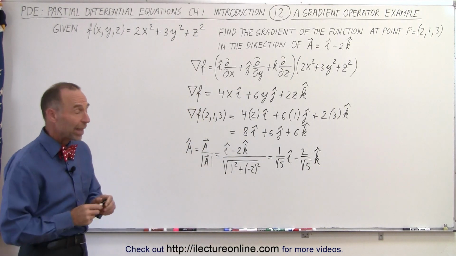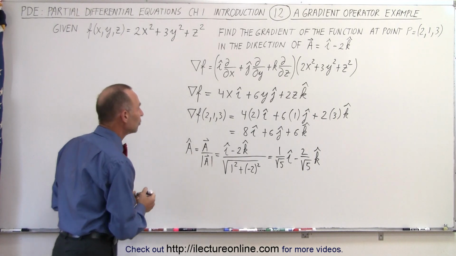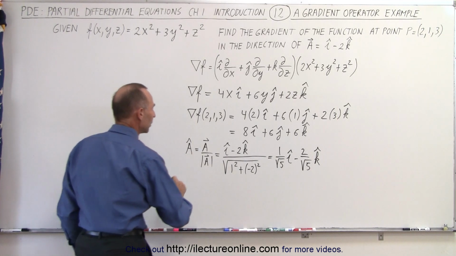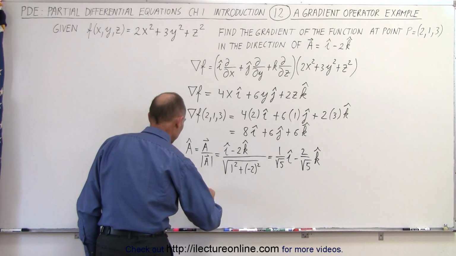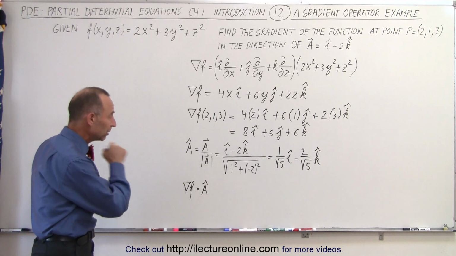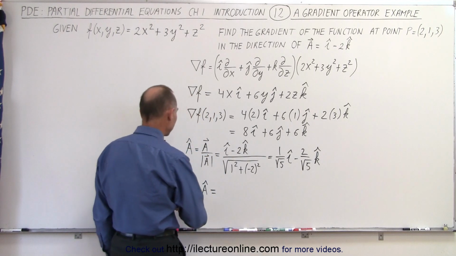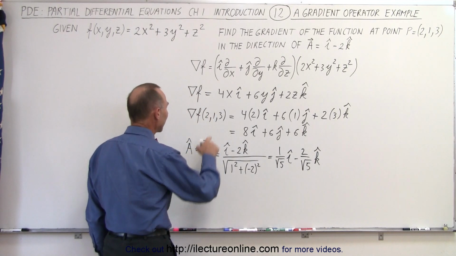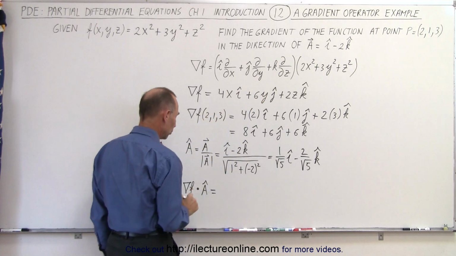All right, so now that we have the unit vector a, we can go ahead and do the dot product. We take the gradient of f, and we do the dot product with the unit vector a. That will give us the change in the function in the direction of a. Of course we take the gradient of the function at that particular location, not the general gradient, but at the point (2, 1, 3).